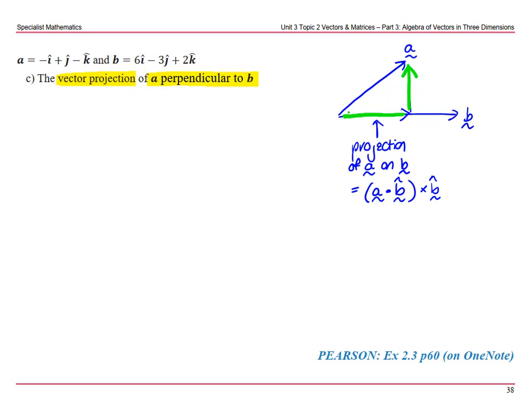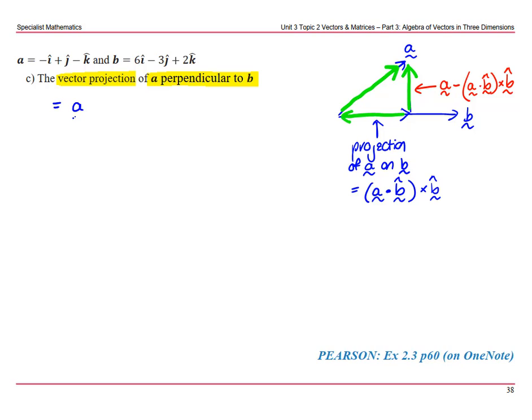So we're going to do the negative of what we just found plus vector A. Okay, so this here is going to be vector A minus the projection of A on B. All right, so let's work that out.